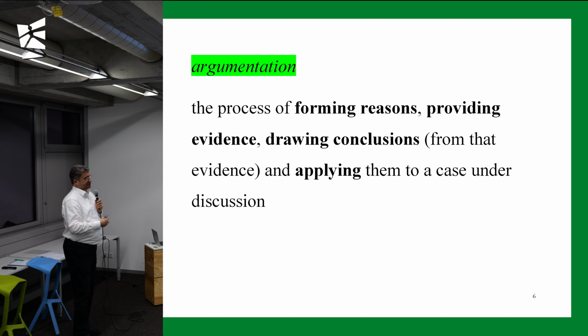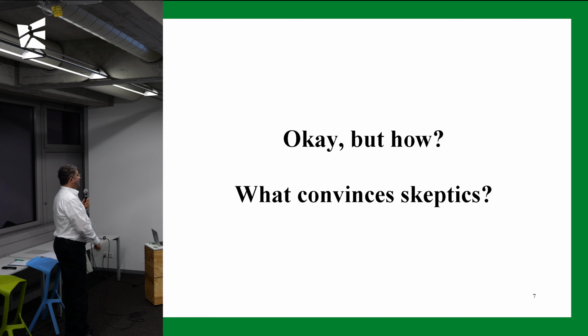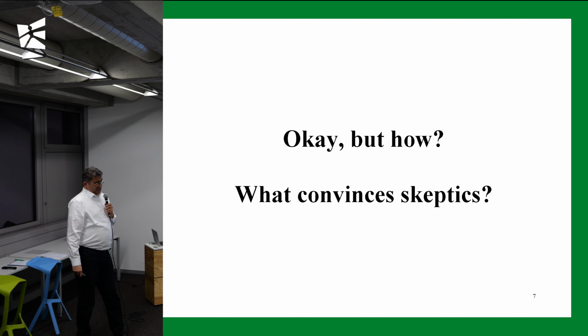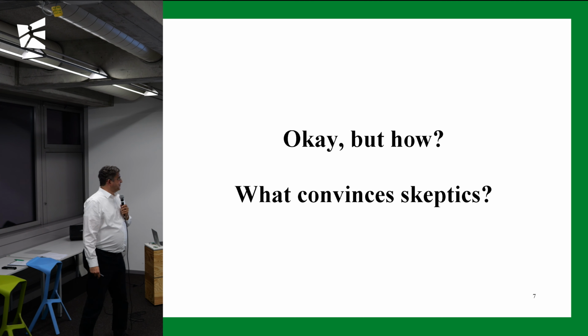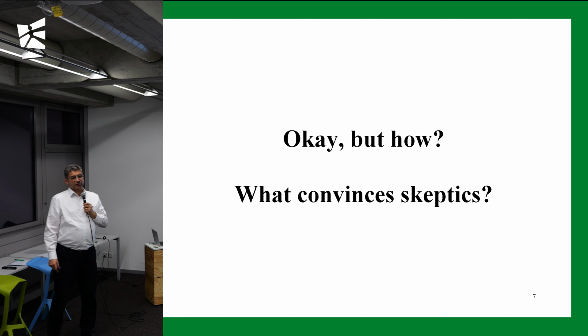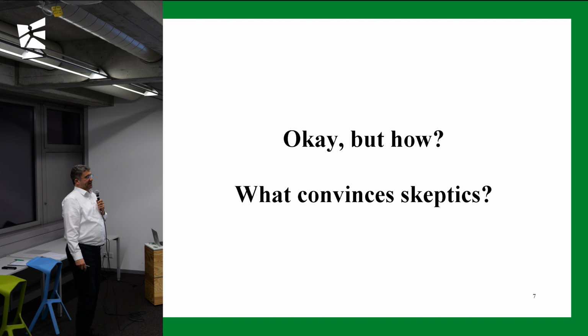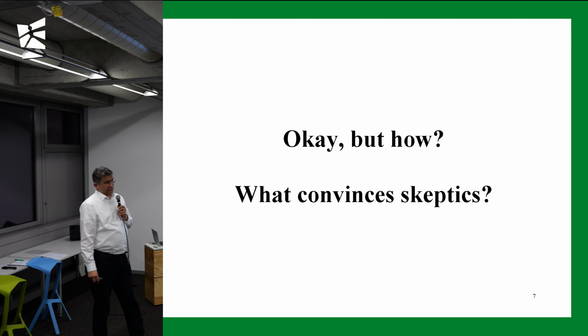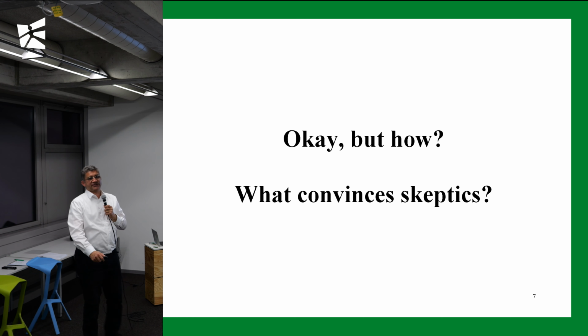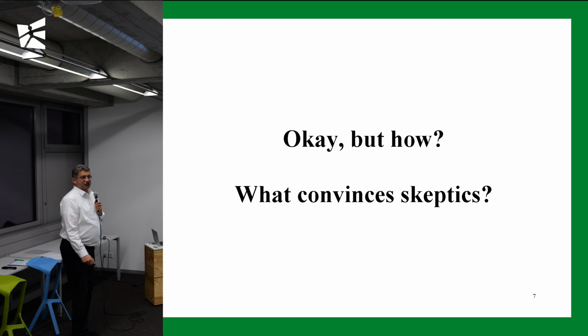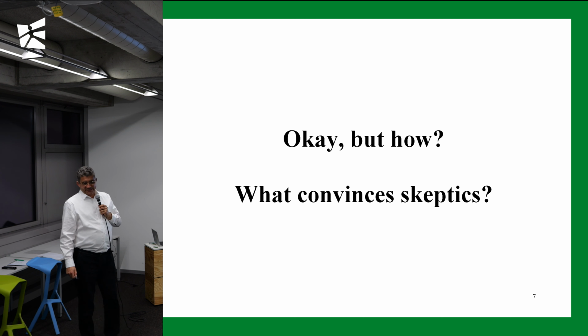Academic argumentation is about going into a particular mindset where I say, well, okay, now what convinces the skeptics? Because arguing is about persuading those who are hard to persuade, who are not easily convinced, who want more than opinion, who want more than reasons.